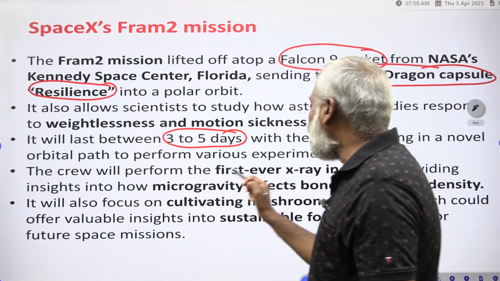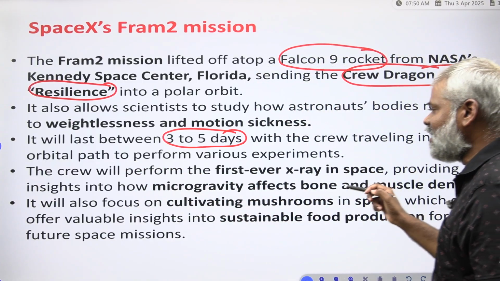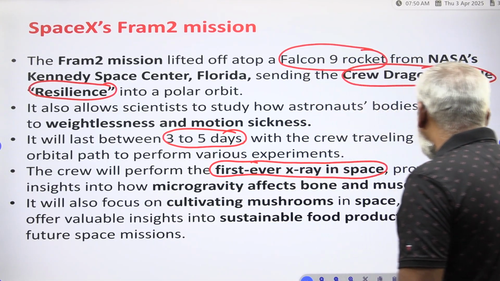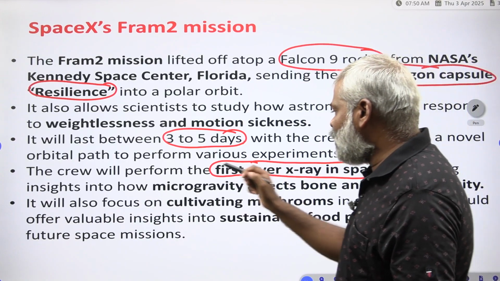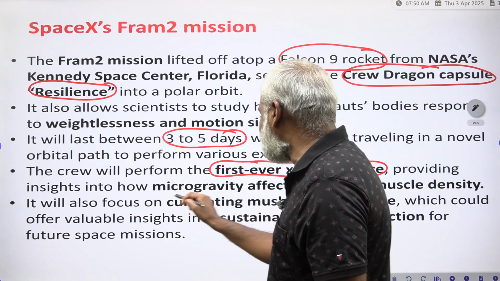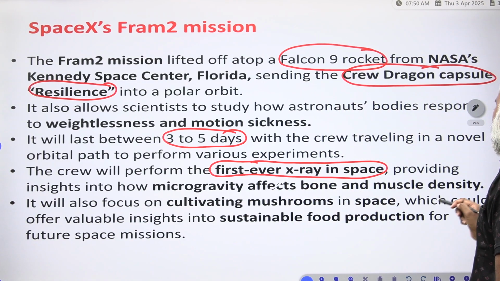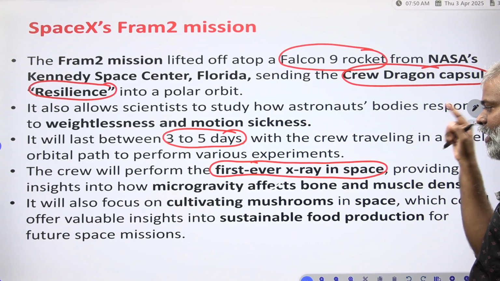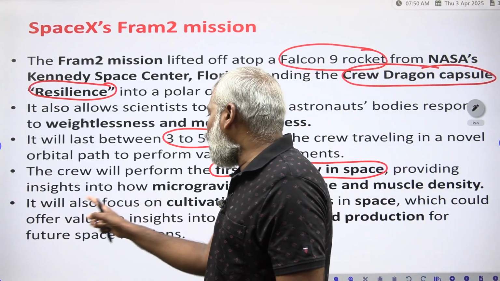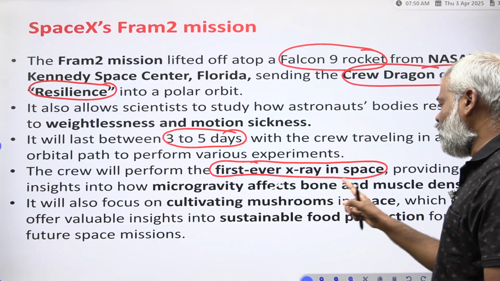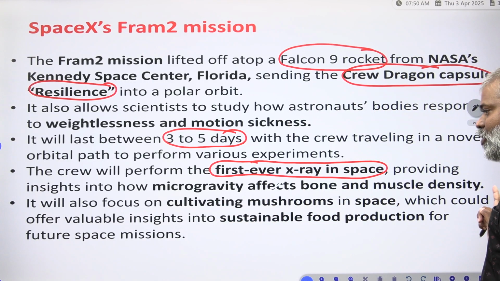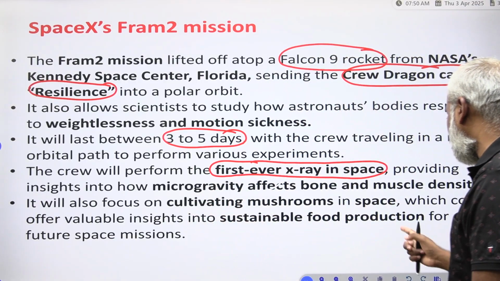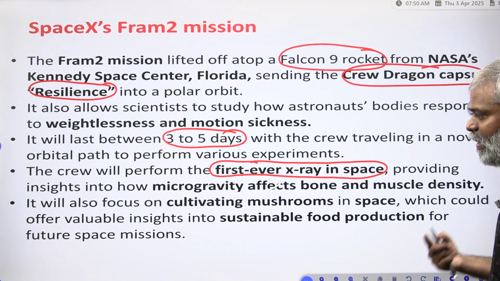The crew will perform the first ever X-ray in space, providing insights into how microgravity affects bone and muscle density. So they will take X-rays in space also. It will also focus on cultivating mushrooms in space, which could offer valuable insights into sustainable food production for future space missions.